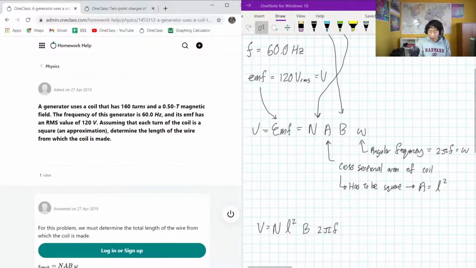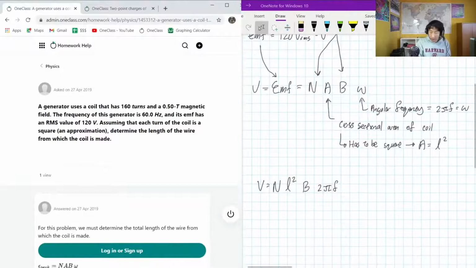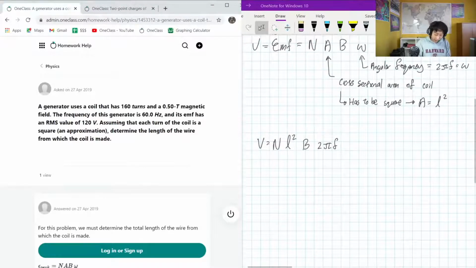Fairly straightforward. Okay, now we are trying to find the length of the wire, which means that we're trying to isolate L. L is just the side length, but the total length of the wire, well, we'll see how we proceed with that. Think about it for a second. Okay, so isolate L, because everything else is given to us.